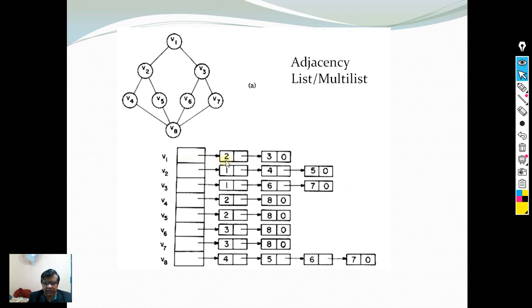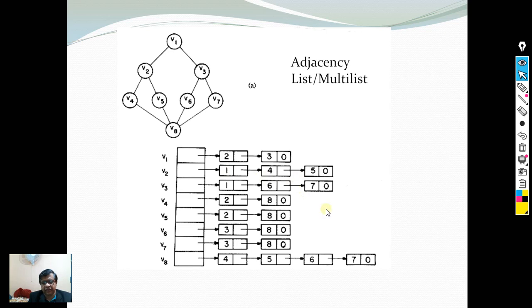Customarily we should never write 3 first and 2 next, because this linking should happen in alphabetical order of the name. For example, V2 has direct connectionality to V1, V4 and V5. Therefore, V2 is a header pointer, and it is connected to V1, V4 and V5.